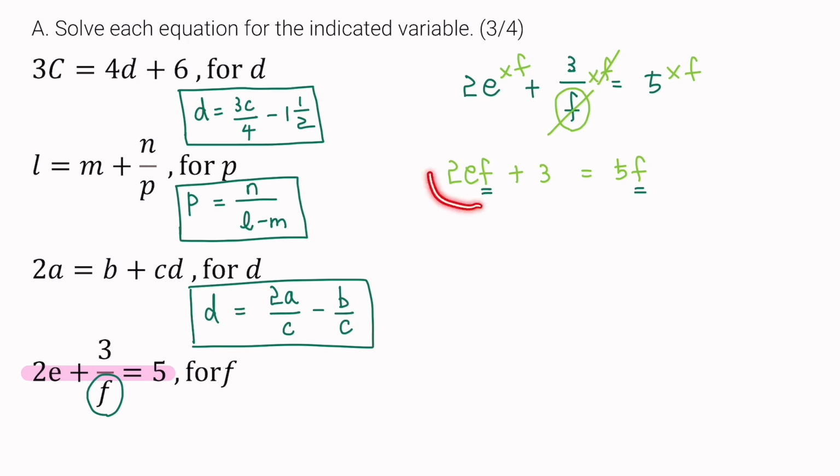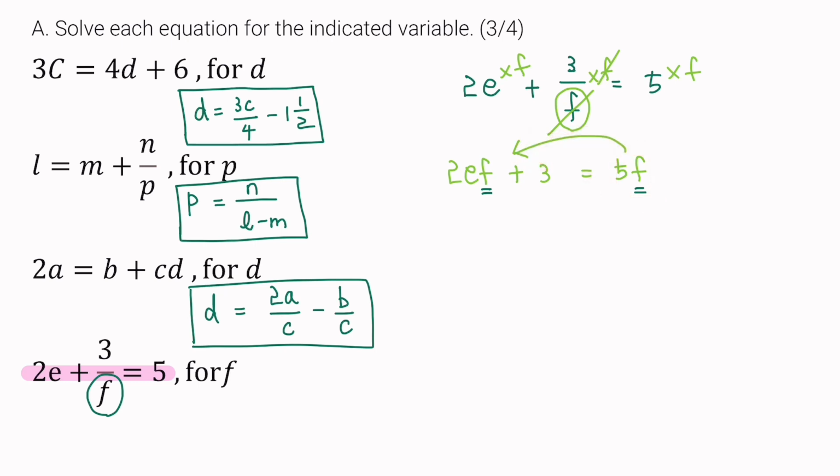So let's collect all f variables and put them on the left side of the equation and put everything else on the right side of the equation. Now I am going to send 5f to the other side of the equation, and when you are sending something across the equal sign to the other side of the equation, that variable switches its sign.